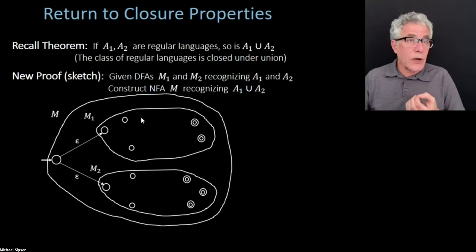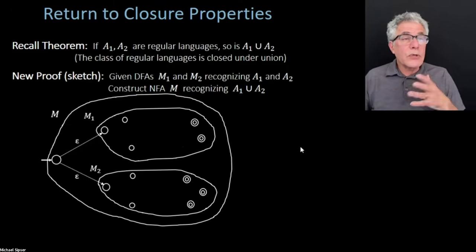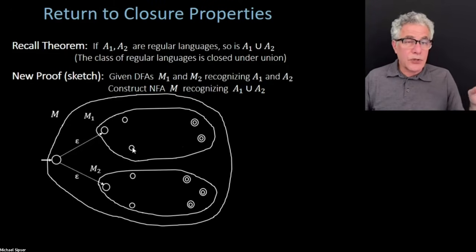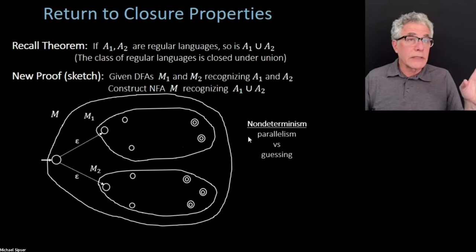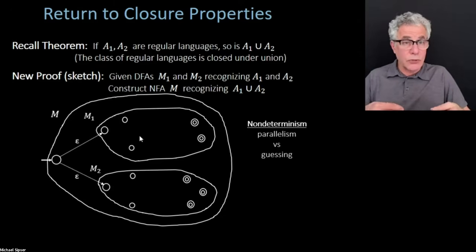So when we're doing union, we want either one of these to be accepting, and the non-determinism is built conveniently to allow us to do the union almost for free. Thinking about non-determinism in terms of parallelism, you could think of the non-deterministic machine as running M1 and M2 in parallel on the input.